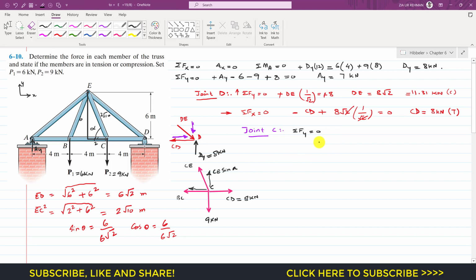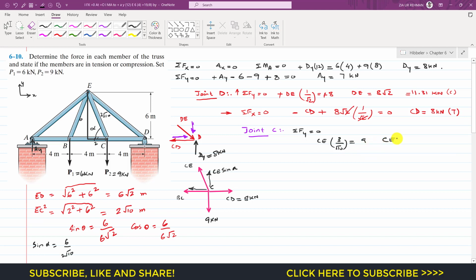So it is acting in the positive y, so I will write CE sine of alpha minus this 9 kilonewton, and this is equal to 0. Sine of alpha from this triangle is perpendicular 6 and hypotenuse 2 square root 10. So it will be 3 divided by square root 10. So sine of alpha is 3 divided by square root 10, and if we bring this to the other side, it will become positive.